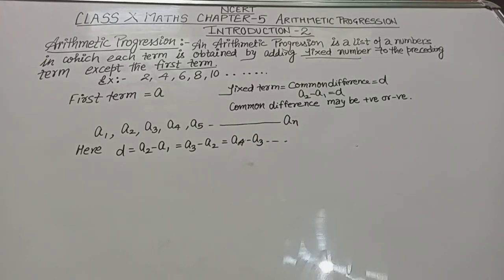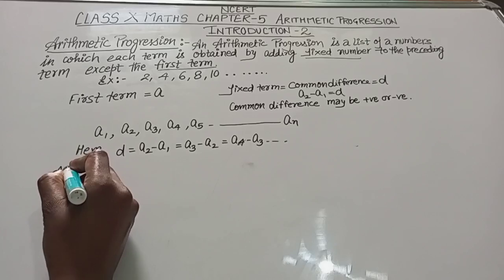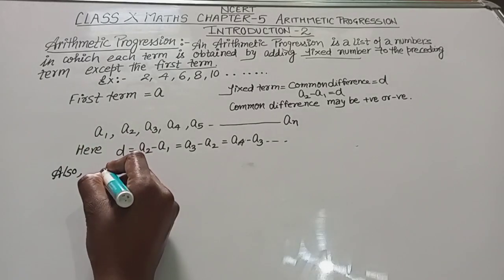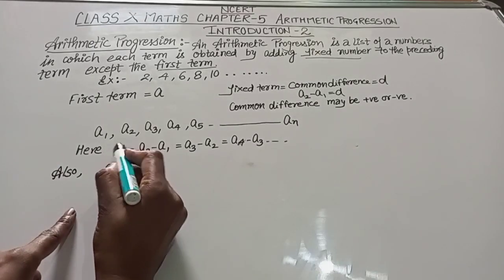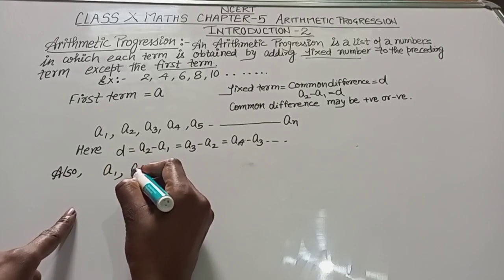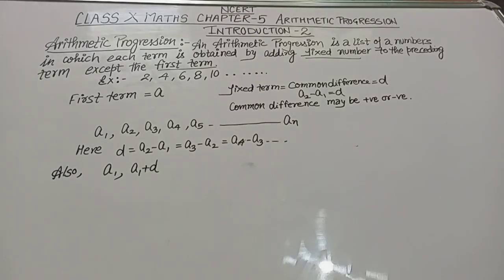A1 is a constant, so here you can write A1, then A2 is A1 plus D.